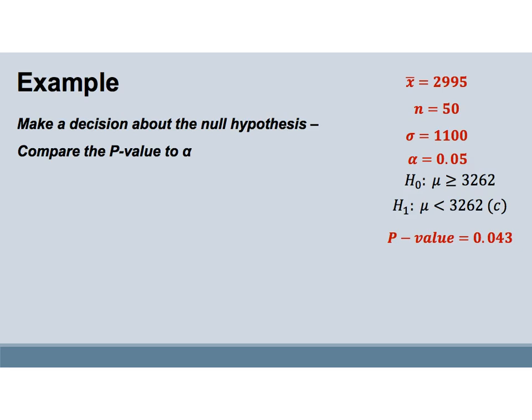Okay, so then step 4, make a decision about the null hypothesis, compare the p-value to alpha. Well, my p-value is 0.043. My alpha was 0.05. 0.043 is less than 0.05.